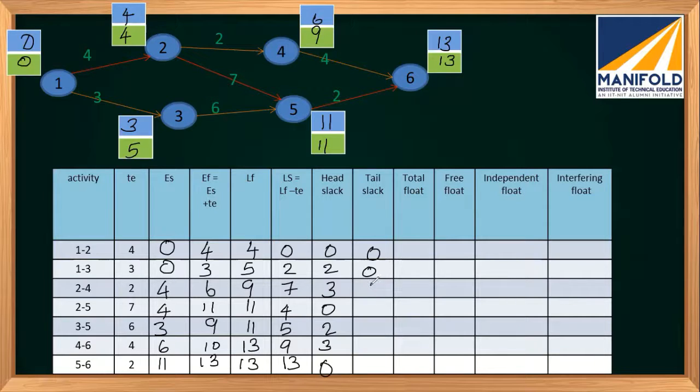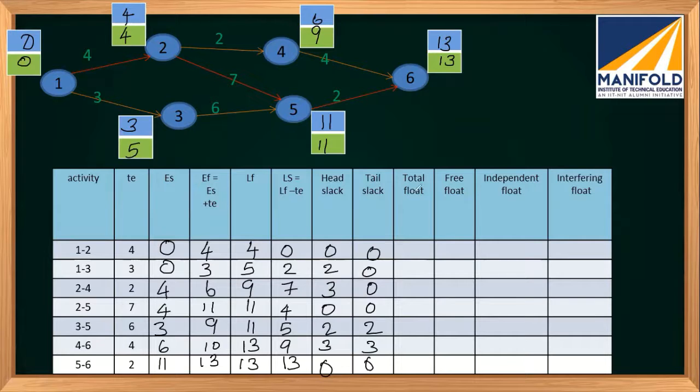So 4 minus 4, 0. 2, 5 also 4 minus 4, 0. 3, 5. 3 is the tail event. So 5 minus 3, 2. For 4, 6. 4 is the tail event. So 9 minus 6, 3. 5, 6 it will be 11 minus 11, 0. Okay.